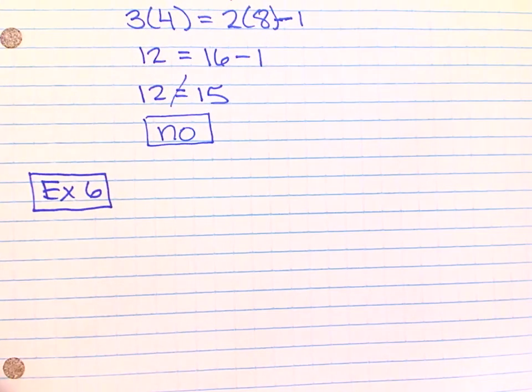Before we move to example 6, everybody just stand up and stretch for 30 seconds. 30, 29, 28, 27, 24, 23, 22, 21, 20, 19, 18, 17, 16, 15, 14, 13, 12, 11, 10.